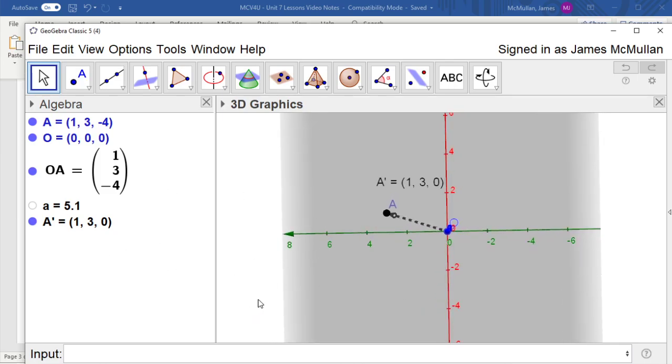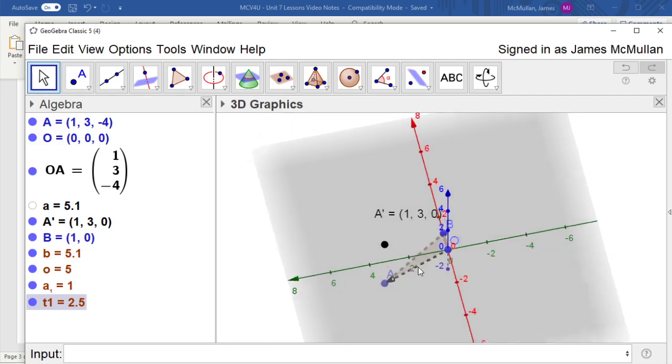Now, how far away is that point? Well, we know that that point is 1 unit away in the x and 3 units away in the y, right? So if we just draw a triangle, OBA, let's say polygon.